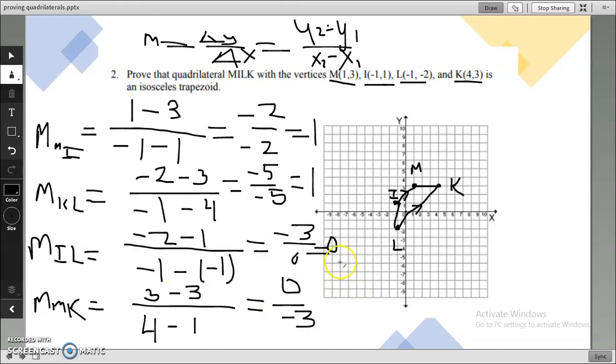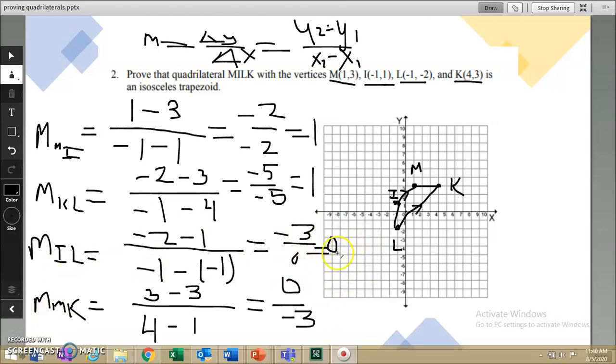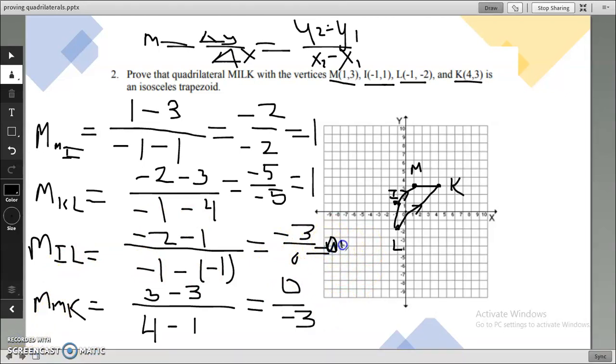I'm sorry, I did this backwards. Please forgive me for this mistake. The slope of IL is undefined. I can't divide by 0. Negative 3 divided by 0 is not 0, it is undefined. And 0 divided by 3 is 0. So this side is not parallel.